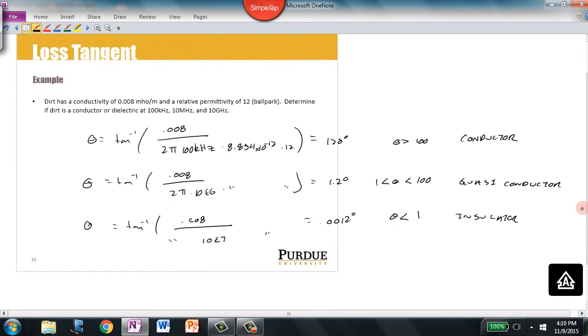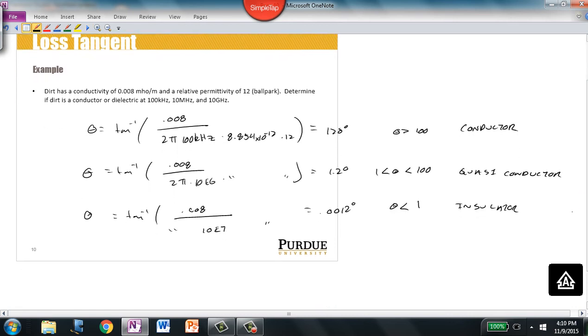So I've done some calculations here. There's a couple of mistakes here; this is not inverse tangent. Anyway, I've done a couple of calculations to illustrate the frequency dependence of whether a material is a conductor or an insulator.